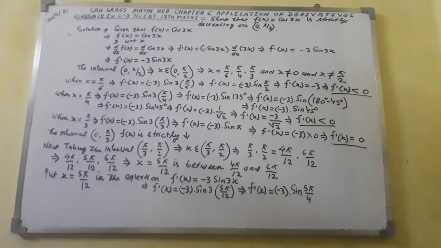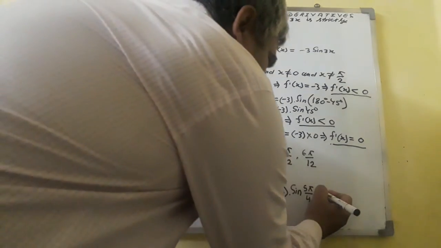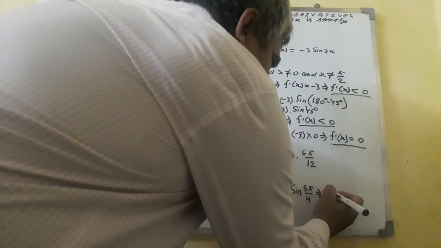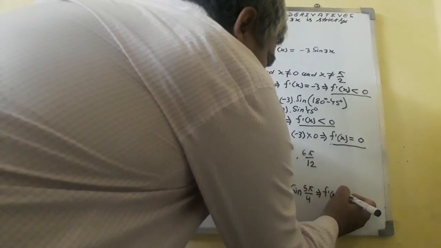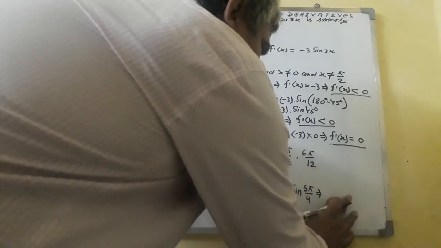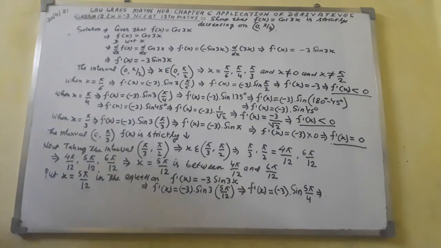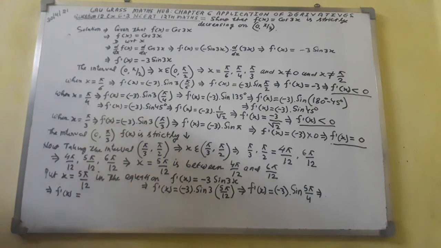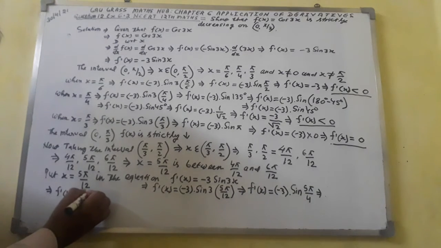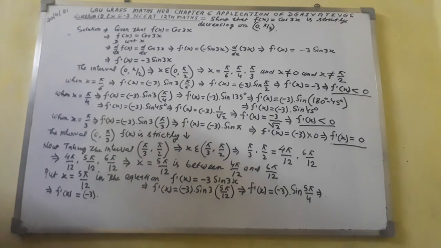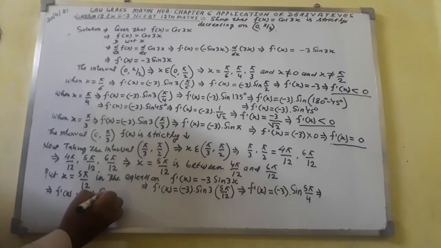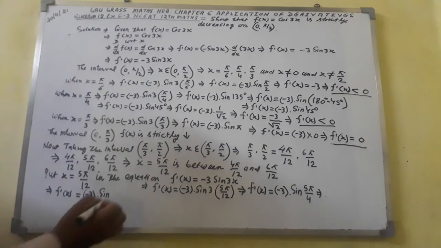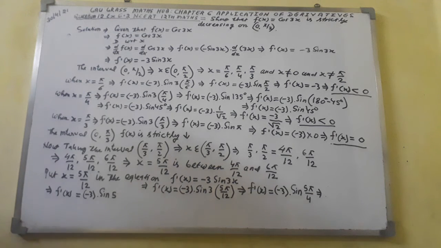How to calculate? So here you will get f dash of x equal to minus 3 sine, and 5 pi by 4 comes out to be 225 degrees.